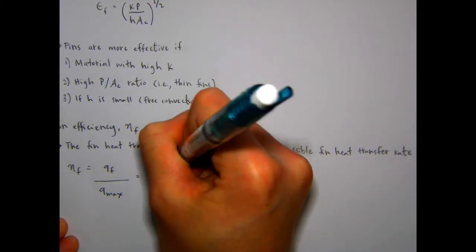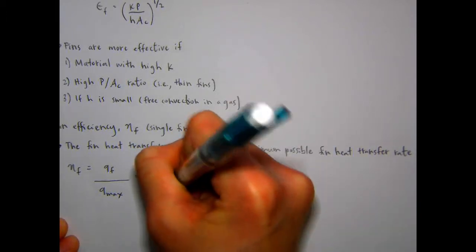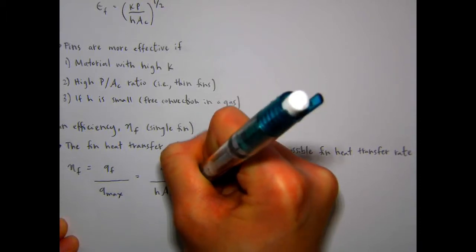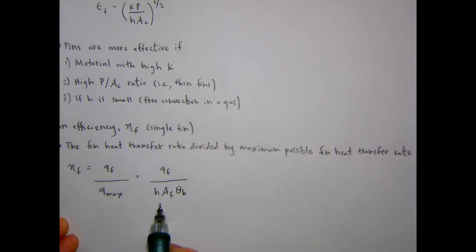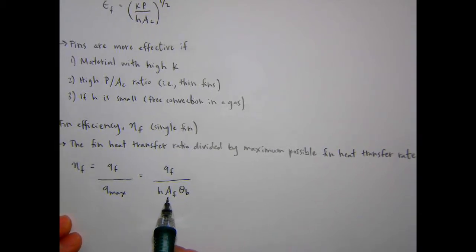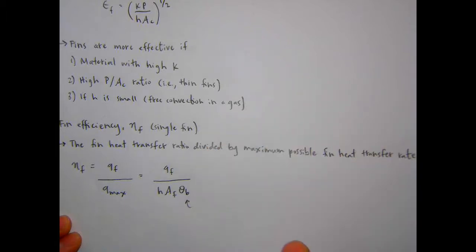So that's going to be equal to the actual heat transfer rate divided by the heat transfer rate by convection if the temperature of the entire fin was equal to the temperature at the base. So this is hA_f θ_b, where A_f is the surface area of the fin, and remember, our θ is our excess temperature.